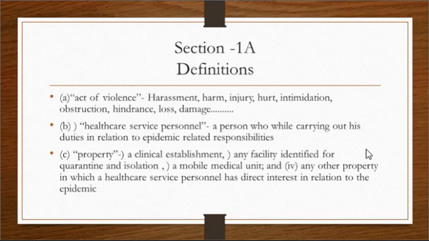Property also includes any facility that is identified for quarantine purposes, isolation purposes, for patients who are quarantined and isolated during an epidemic. So property will include that premise also, or any mobile medical unit, or any other property in which a healthcare service personnel has direct interest in relation to the epidemic. That will be included in the definition of property.